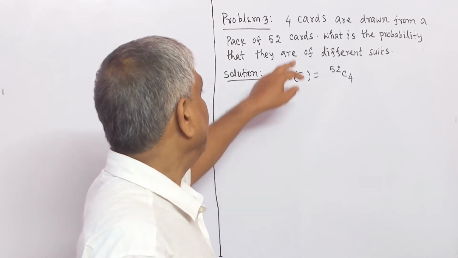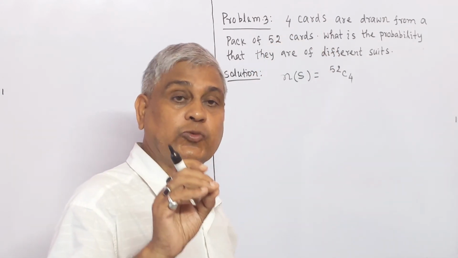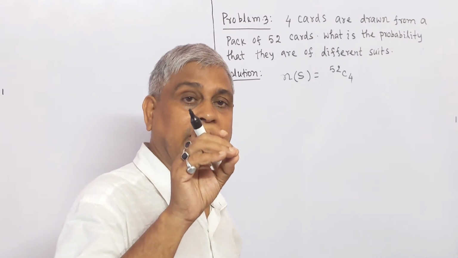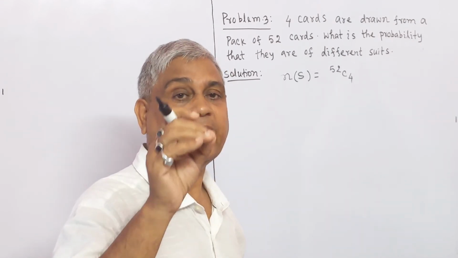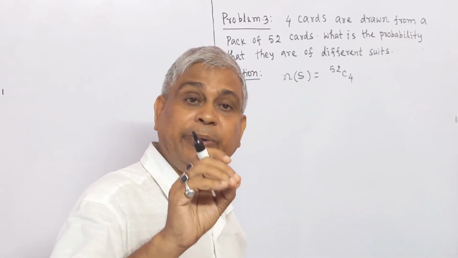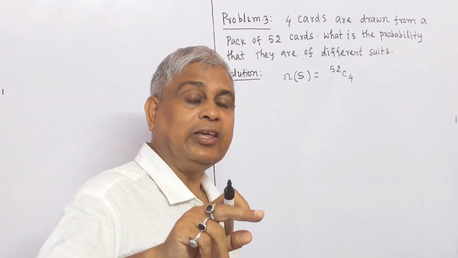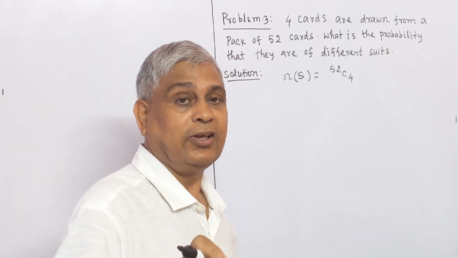So out of these 4 cards, 1 card should be spade, 1 card should be clubs, 1 card should be diamond, 1 card should be heart. Since number of spade cards is 13, similarly each suit contains 13 cards.